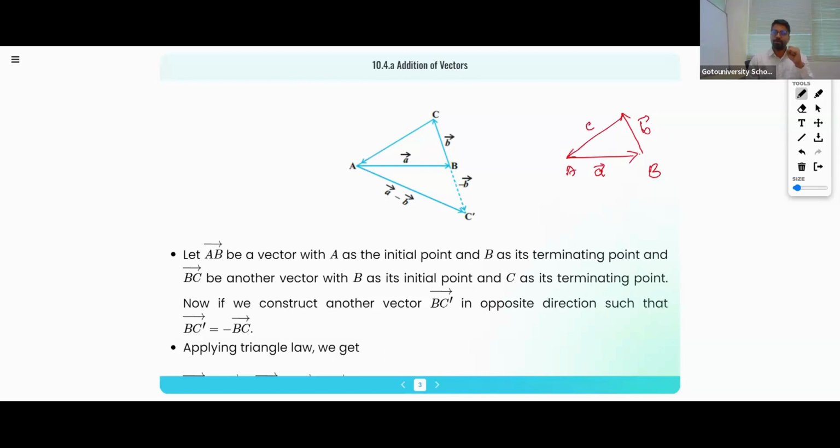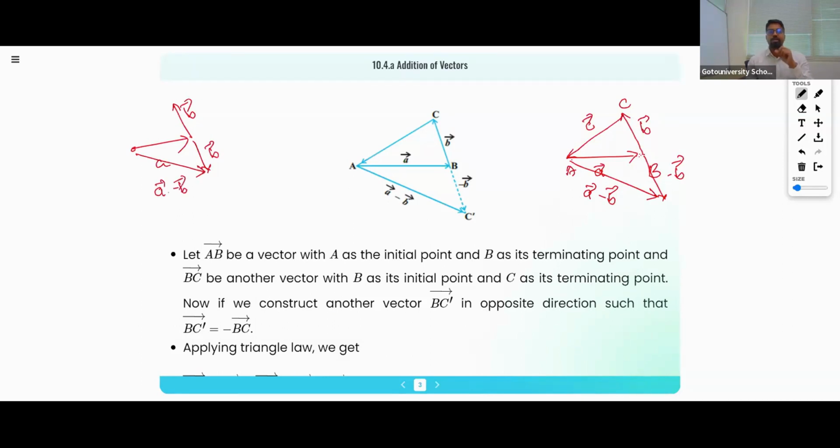So if you take in the same order, the starting point of this is here, the starting point of this is B, and the starting point of this is C. Now if you want to understand what the resultant of this is, I'm going to write the same vector in the opposite direction, that is minus B. Okay, and this is A minus B. So if I have taken a vector like this, and the direction of this is here, and if I take the opposite direction, I get the subtraction of that. Okay, that is A minus B.